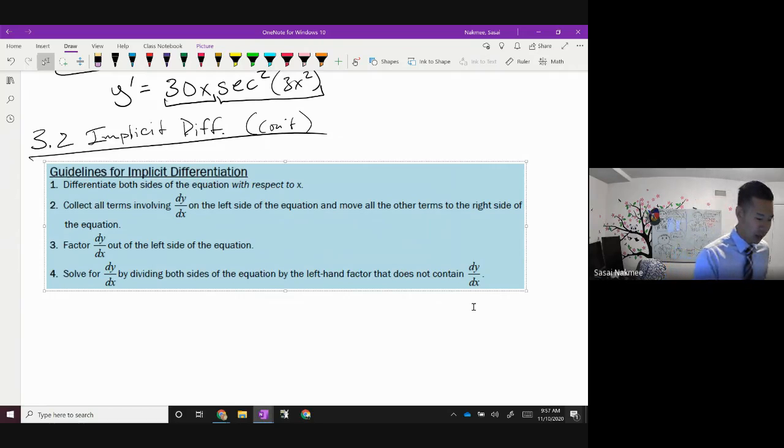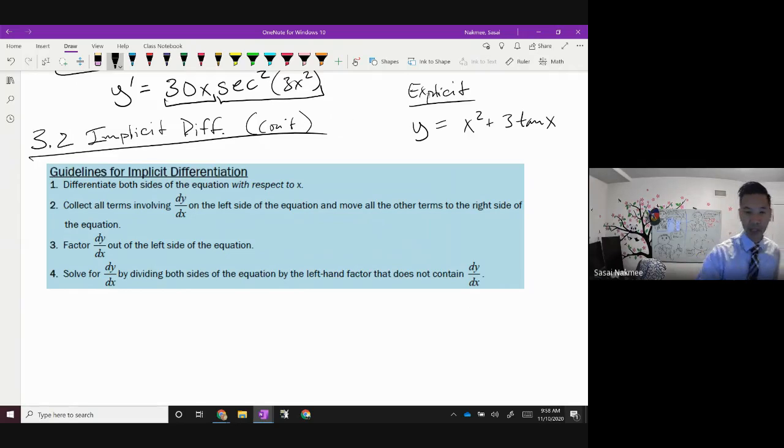For example, something explicit is usually of the form y is equal to x squared plus 3 tangent of x. It could be any complicated thing, but it's basically in a form where y is solved for. It's explicitly in one variable definition, right? It's a dependent variable y, and it's dependent on only x and nothing else.